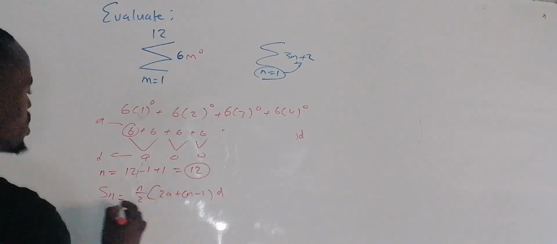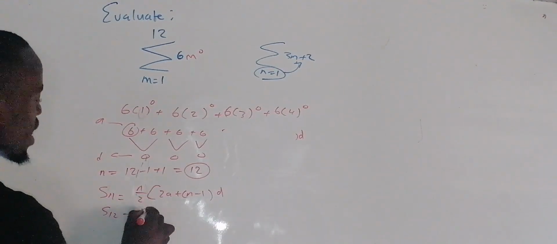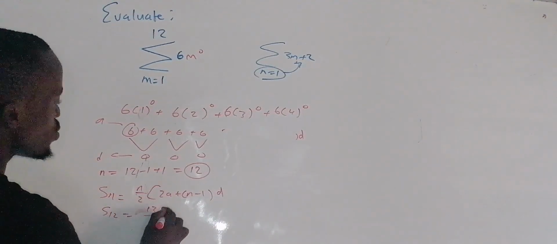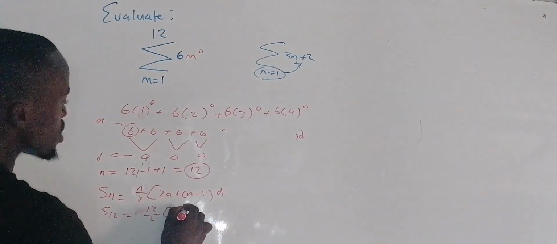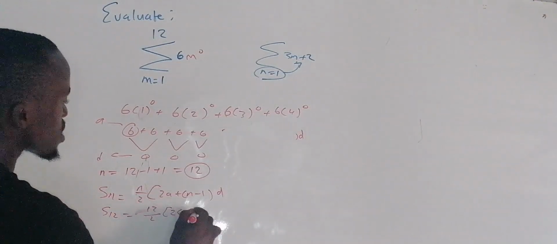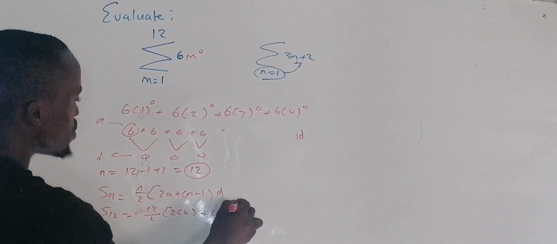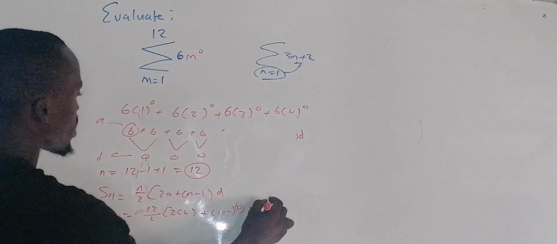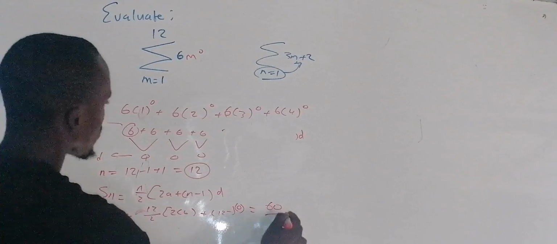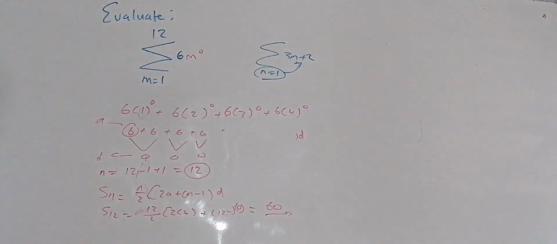Therefore, it will be S12, 12 over 2, then 2, it's A, which is 6, plus 12 minus 1, D, which is 0. Then you're going to get your answer at 60, if I'm not mistaken. It will be 60. Let's just make sure if it's 60.